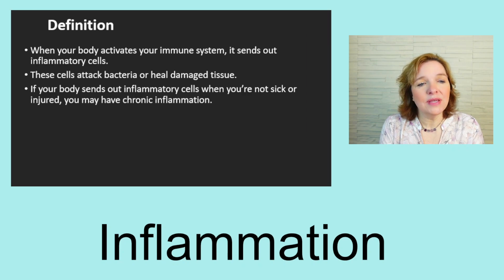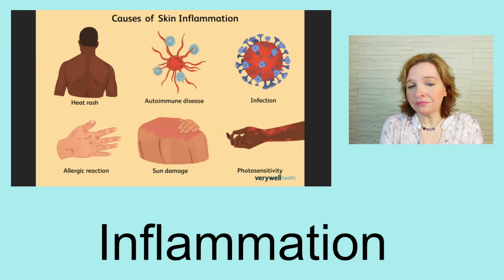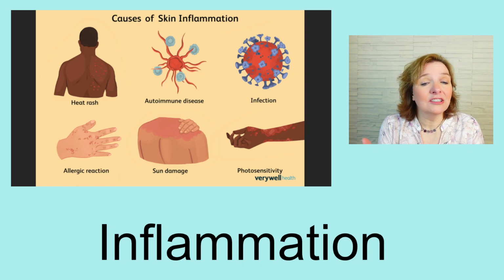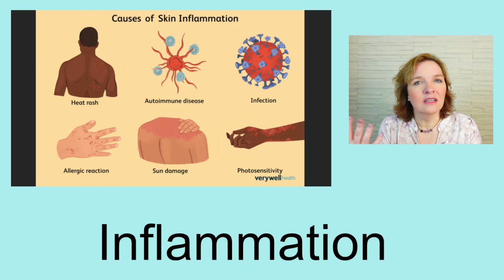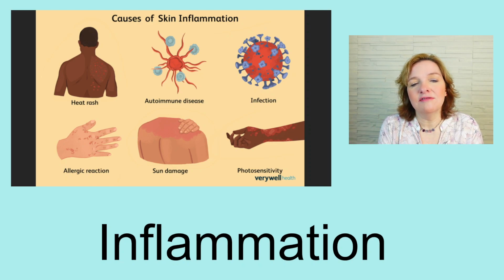I'll show you some pictures. You can see what everybody has faced, for example, inflammation on the skin. You can have heat rashes when you go out and your skin gets inflamed.